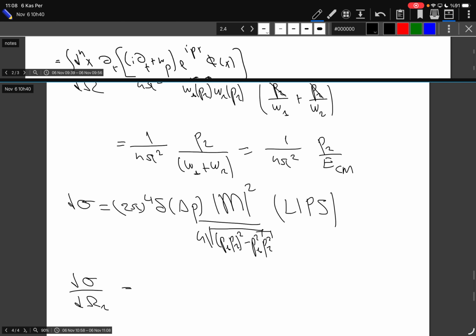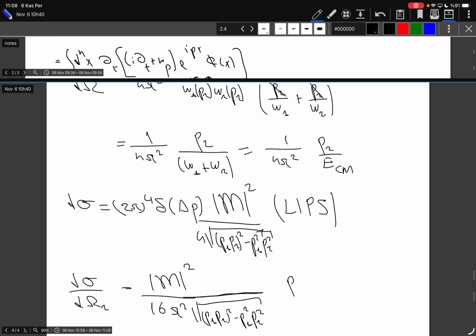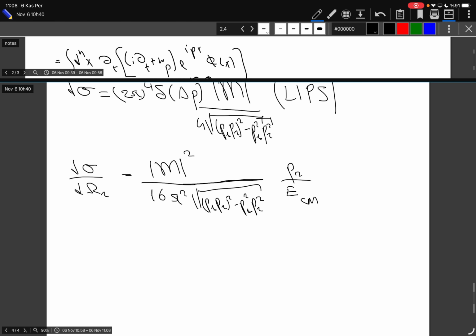This will be m squared over 16 pi squared, that's square root, times P2 over the energy of the center of mass.